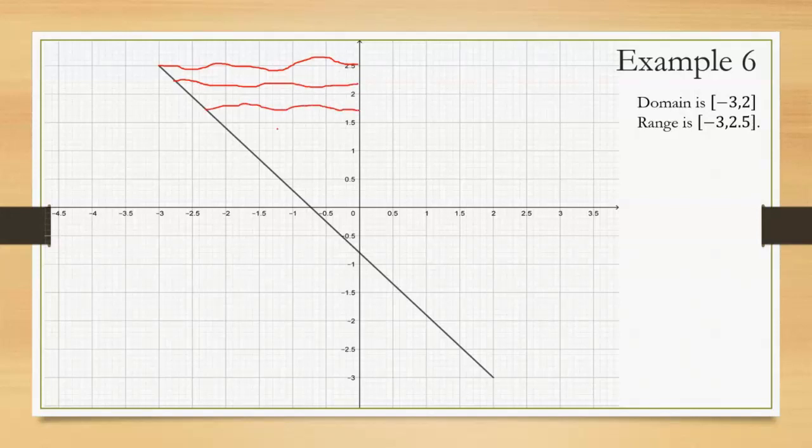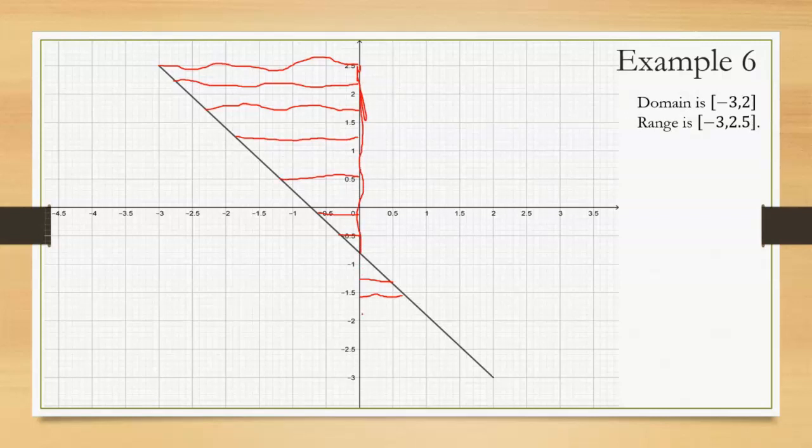But hopefully you can see that you're going to have everything from 2.5 below, right? Below this, and you keep on going, right? You can see everything from this intersection point, the y-intercept, above the 2.5, all this is part of the range, right?